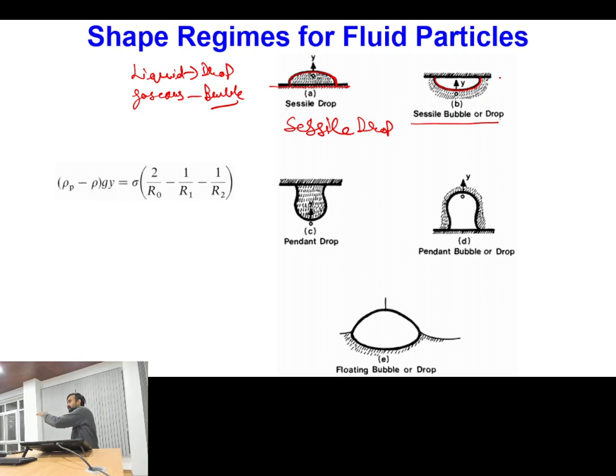So the lighter density liquid will also rise and then stick to the plate. So whenever I am calling this second shape, within this either there can be liquid or there can be gas. If there is gas, then I will be calling it a sessile bubble. If it is a liquid, then I will be calling it a sessile drop.